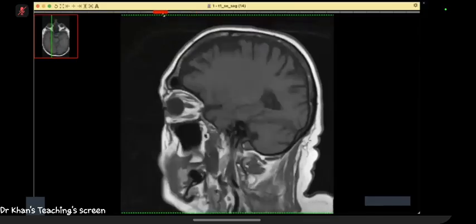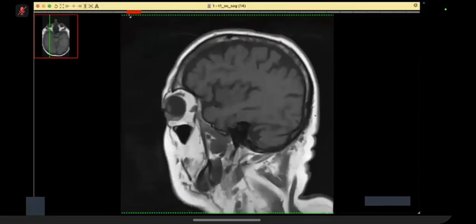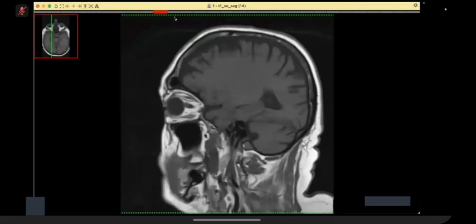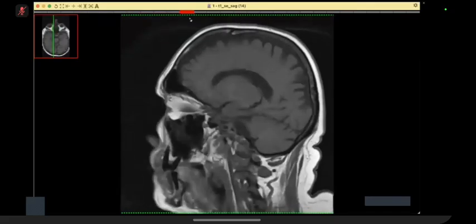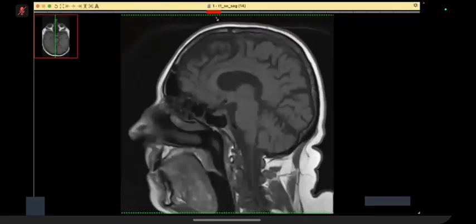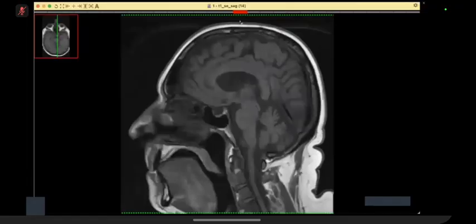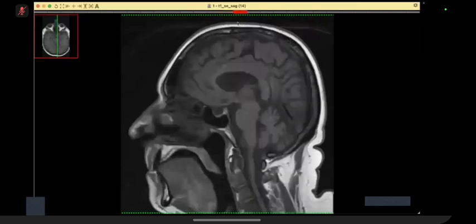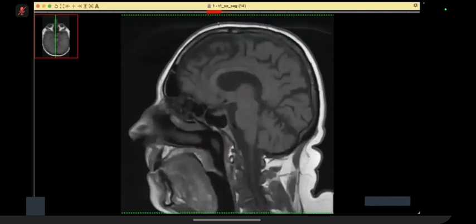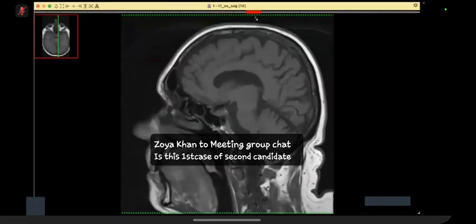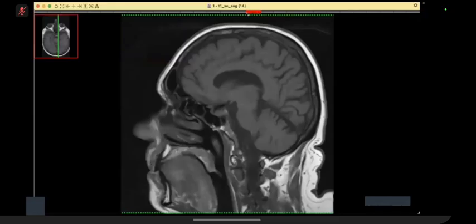Okay, so I'm looking at the T1 sagittal images of this patient, and the sella appears partial, which seems to be just a variant, and there is no obvious herniation of the tonsils.